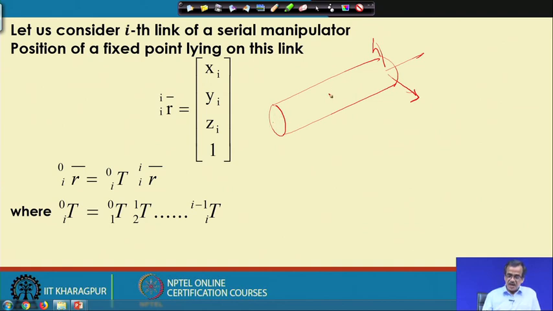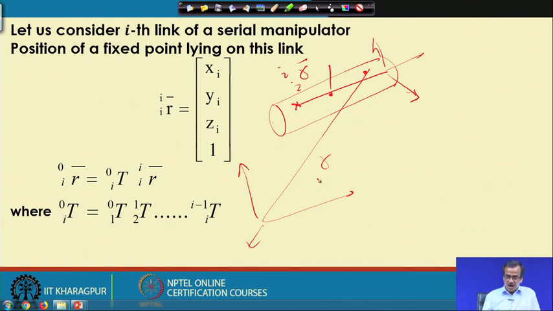So, I am just trying to find out the mass center here. If I consider this particular point, this point in this coordinate system is nothing but r I with respect to I. Now, with respect to the base coordinate system, the same point is nothing but r I with respect to 0.